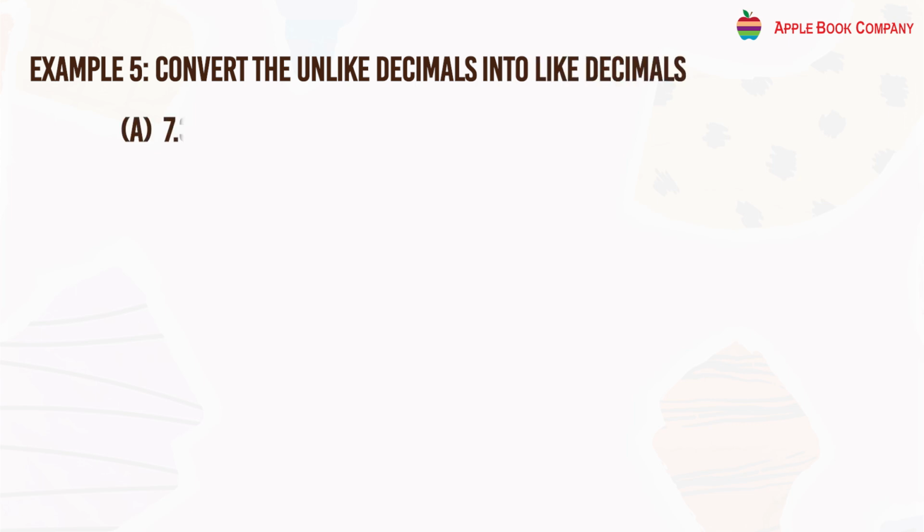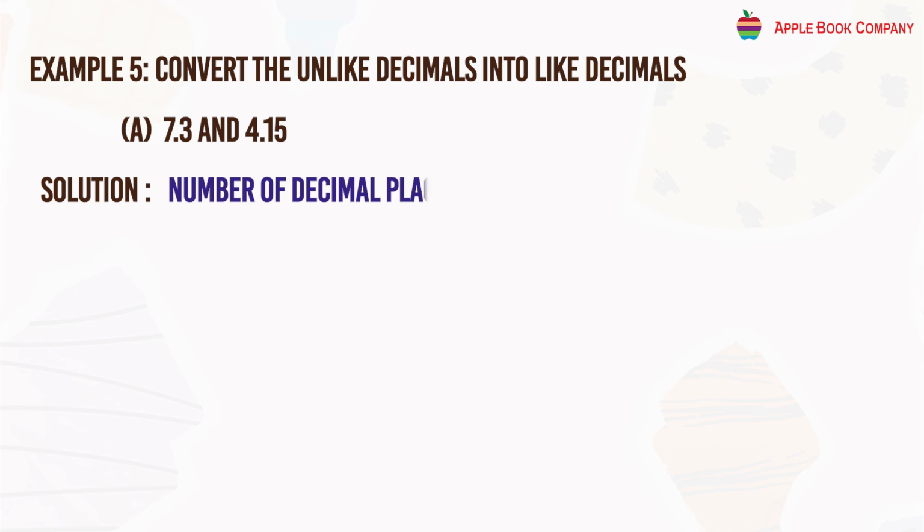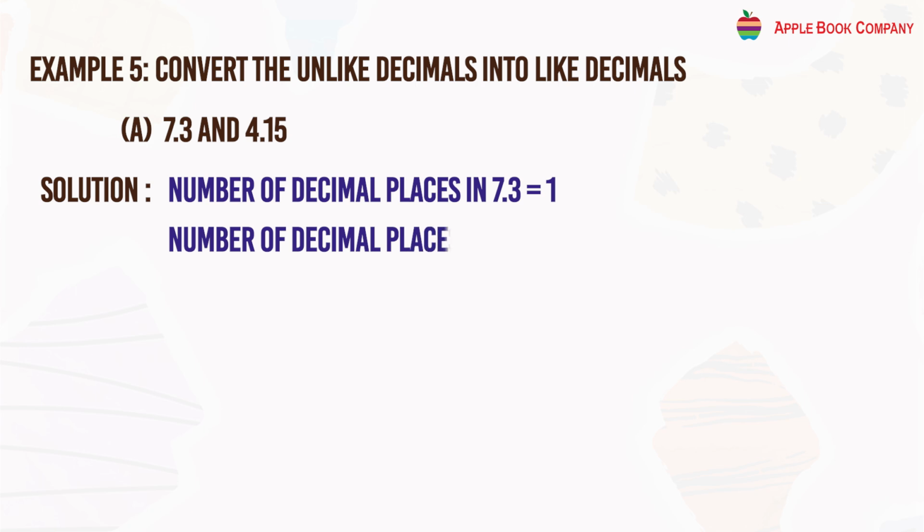Example 5. Convert the unlike decimals into like decimals. A, 7.3 and 4.15. Solution. Number of decimal places in 7.3 equals 1. Number of decimal places in 4.15 equals 2. Here 7.3 has the lesser number of decimal places.